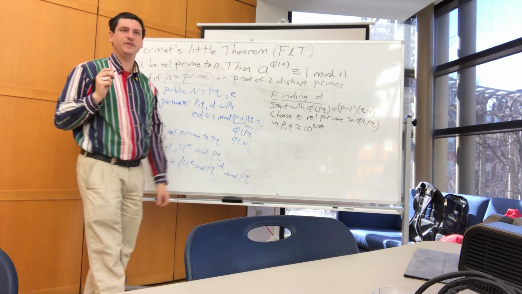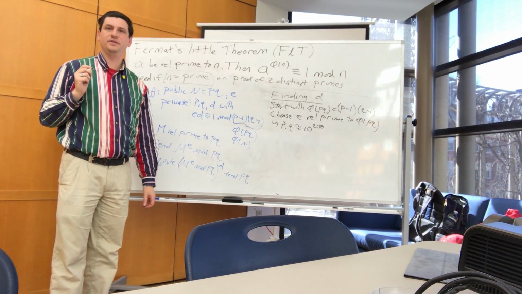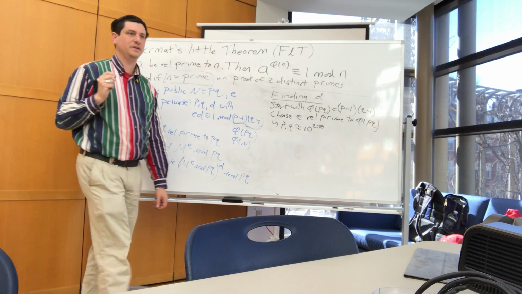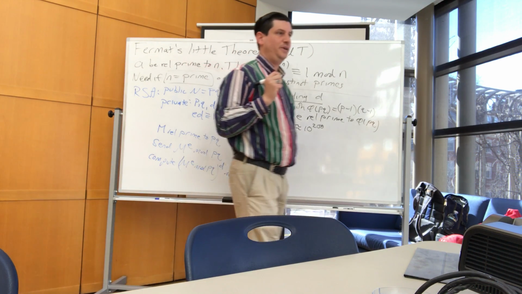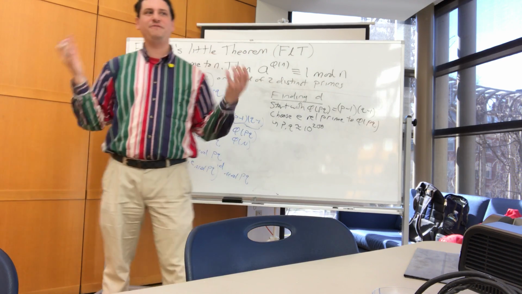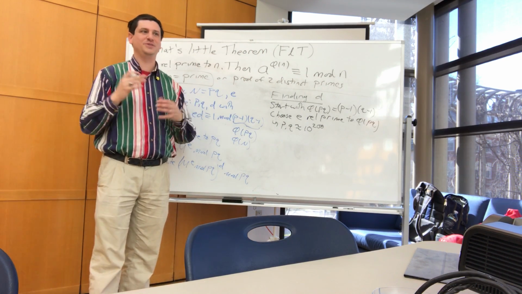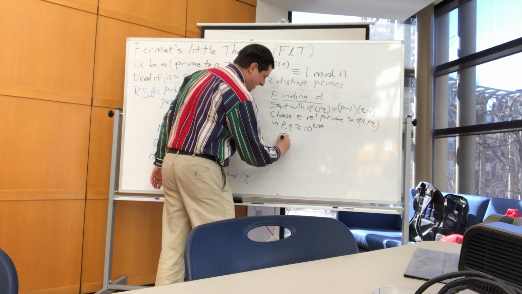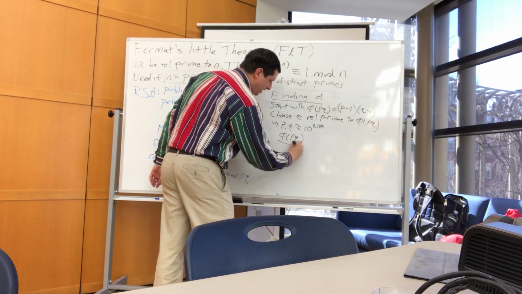So how many numbers are relatively prime to PQ? It's more than just P and Q. We actually have a name for the function that gives us how many numbers are relatively prime. It's phi of PQ divided by PQ.